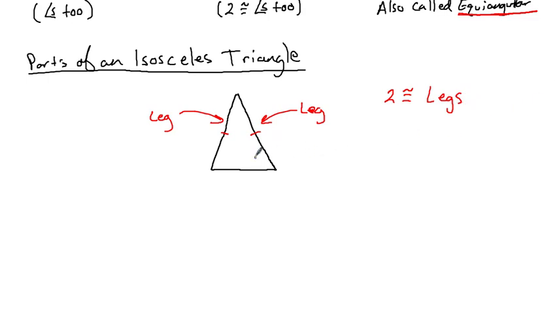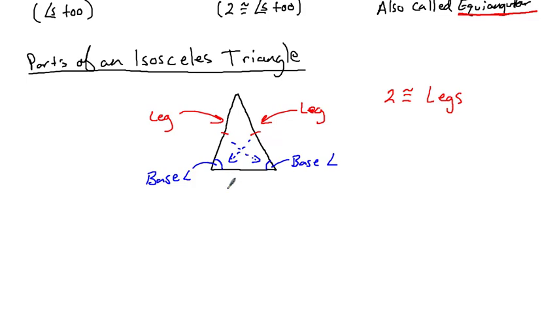It's also going to have two angles down here that are congruent. Now, those angles are always across from the legs. These are called base angles. Okay, so that is a base angle, and that is a base angle.